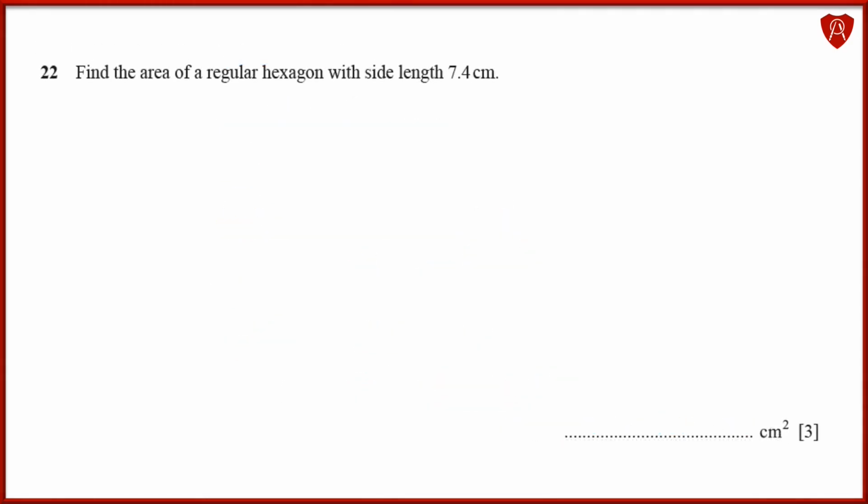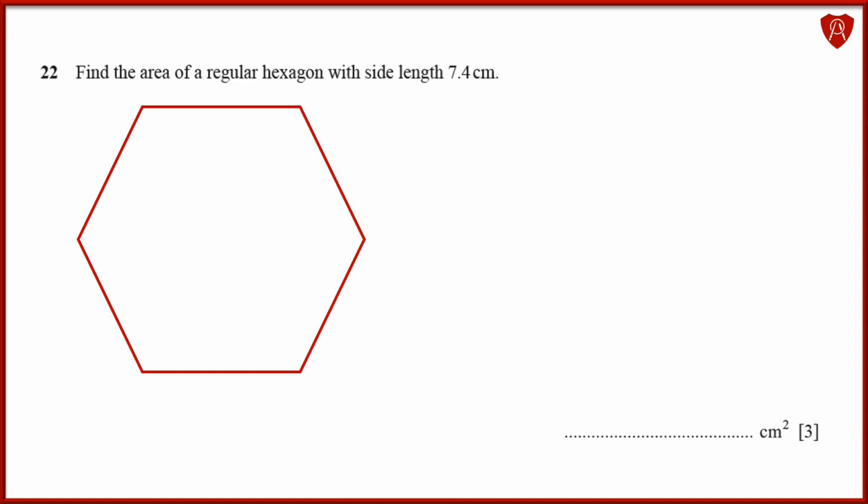Question 22. Find the area of a regular hexagon with side length 7.4 centimeters. Start by sketching the hexagon. Then we subdivide it by drawing diagonals across, which brings up 6 equilateral triangles.